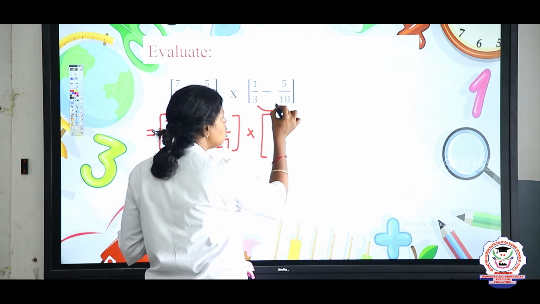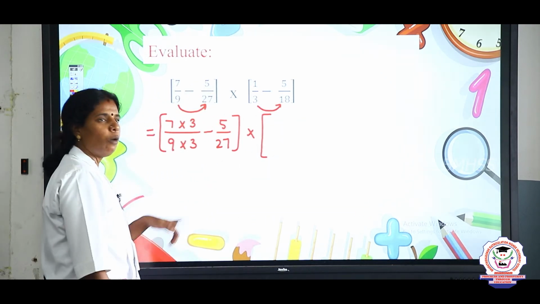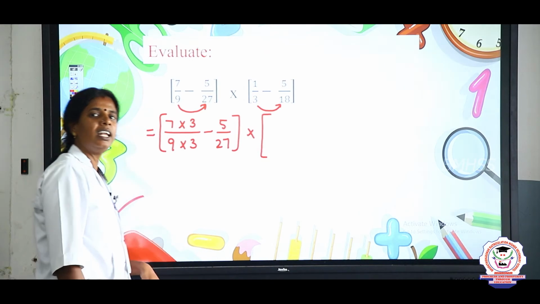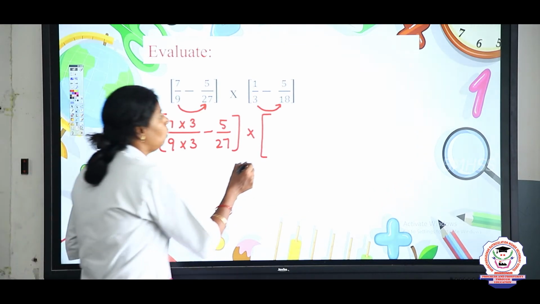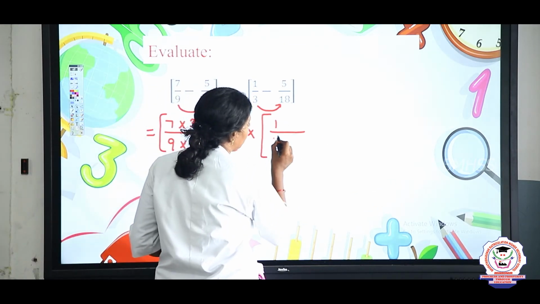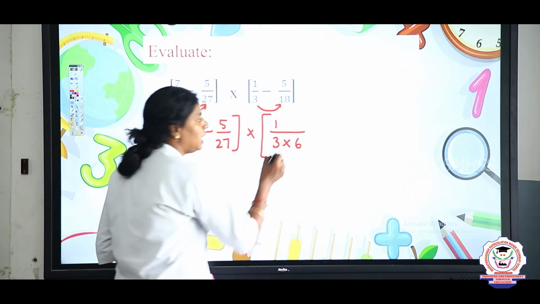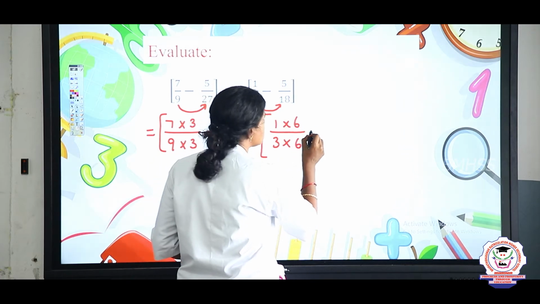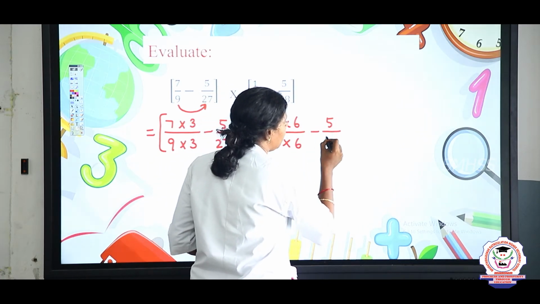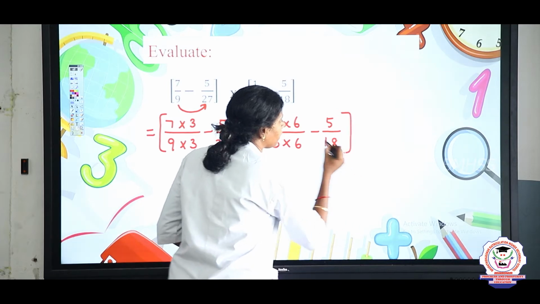Into the next number. See here 18 is also a multiple of 3. How many times will you multiply 3 to get 18? 6 times. 1 by 3 into 3 6s are 18. So, multiply the numerator also, 6 minus 5 by 18.